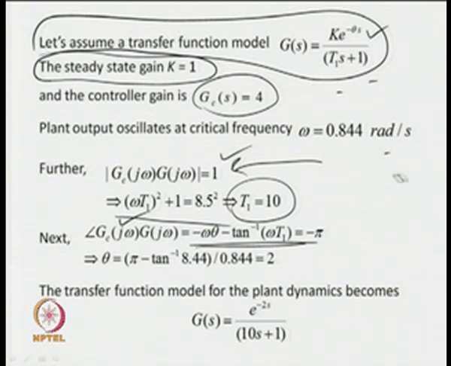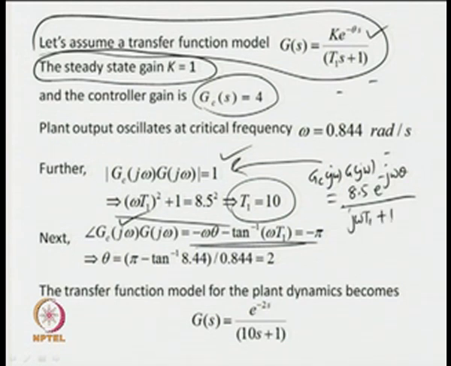G c j omega, G j omega is given in our case as 8.5 e to the power minus j omega theta upon j omega T1 plus 1. This gives a phase angle of minus omega theta minus tan inverse omega T1, which has to be minus pi. Solving this, we obtain theta as 2.